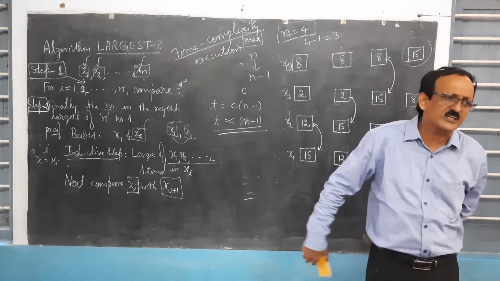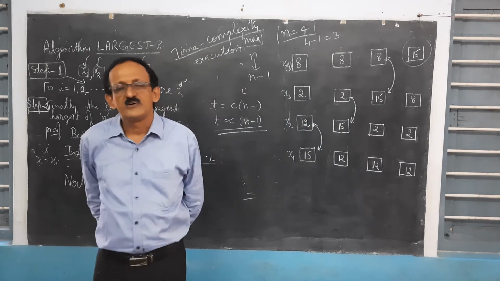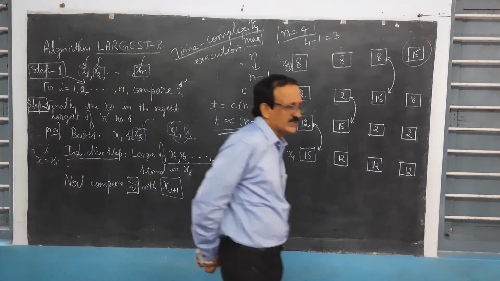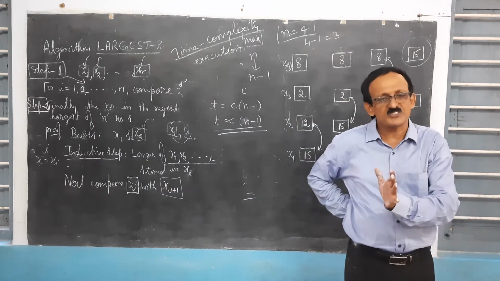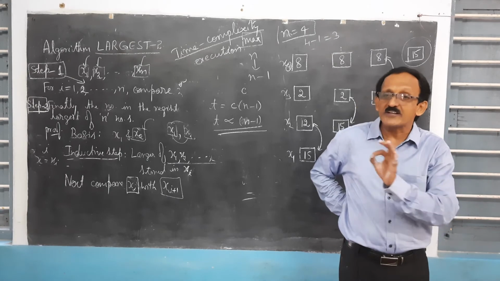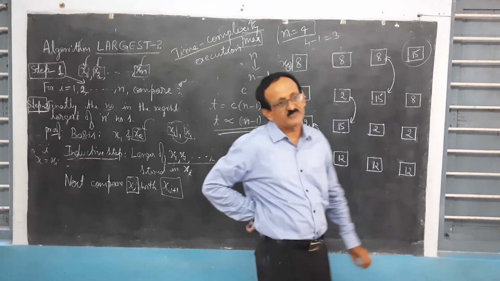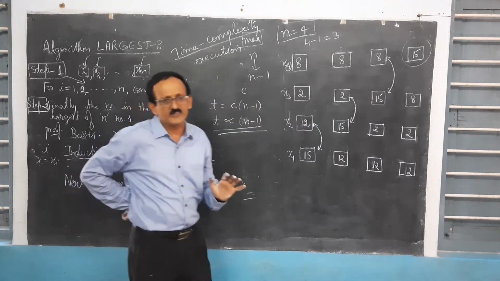There will be a 6 mark question; we will ask a question like this: state largest one algorithm, state largest two algorithm, and justify the algorithm with a formal proof. So this is a 6 mark question.